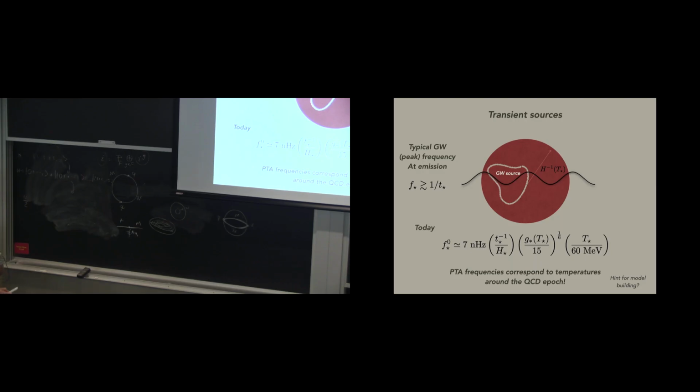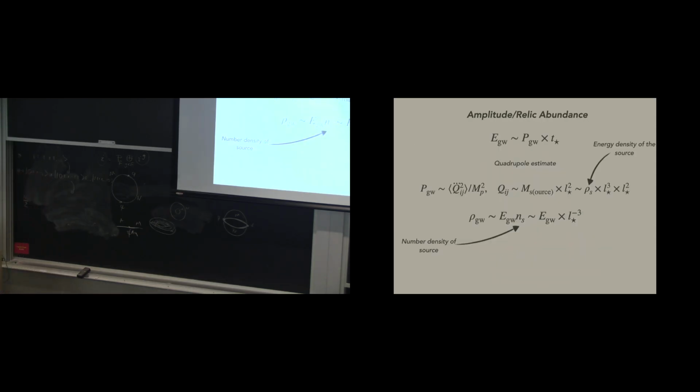Yes, for now I'm keeping it arbitrary. Okay. So, if you want, the logic here is the following: if you have something that is as large as the horizon, then you would get nanohertz frequencies for something that is slightly below the crossover. So the only thing you are saying here is that it should not be larger than the horizon. True? Yeah, it cannot be larger than the horizon. Okay, you're right. Yes, by causality.